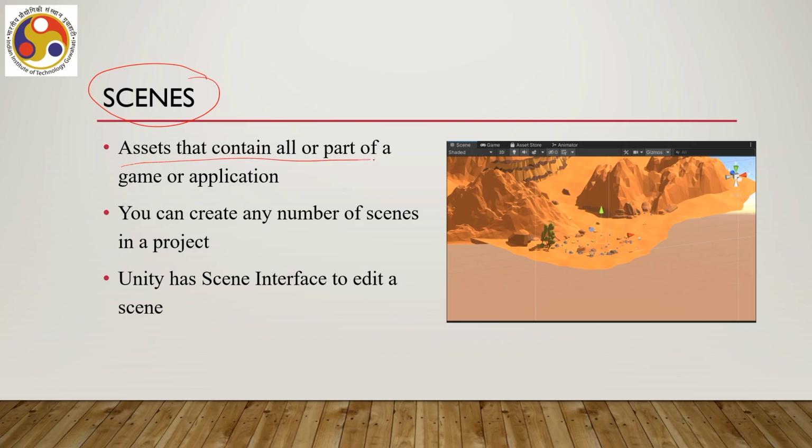Assets that contain all or part of a game or application are called scenes. You can create any number of scenes in a project, depending on how many layers and levels there are. And Unity provides a scene interface to create, edit or modify a scene. As shown on this screen, this is a scene comprising several components, each of which can be a different asset and so on.